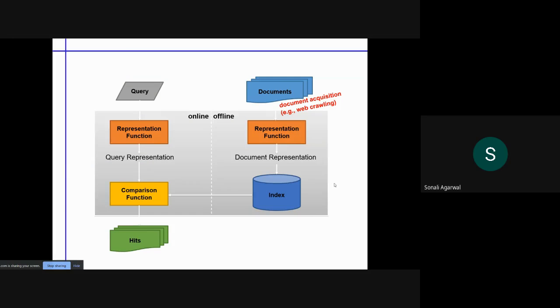For that purpose, the indexing mechanism is very helpful. We are already aware that if something is in systematic order, maybe sorted order, we can easily locate it. The same thing is here.